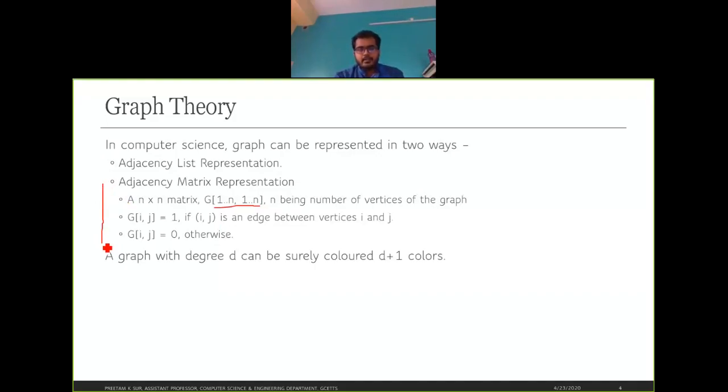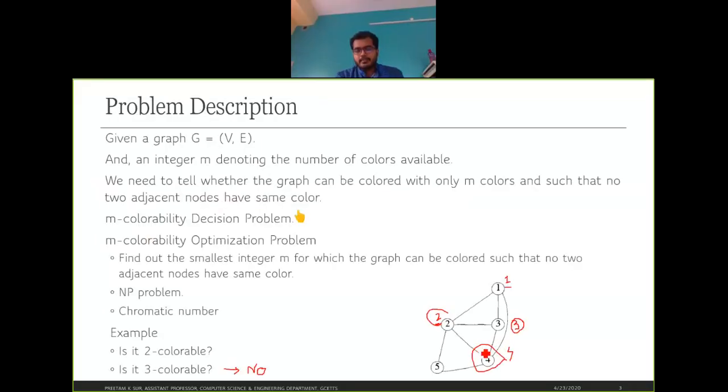Along with this, there is a theory which tells that a graph with degree d can surely be colored with d plus 1 colors. If you look at the previous slide, this graph had degree 4, so it can surely be colored with 4 plus 1, that is 5 colors.